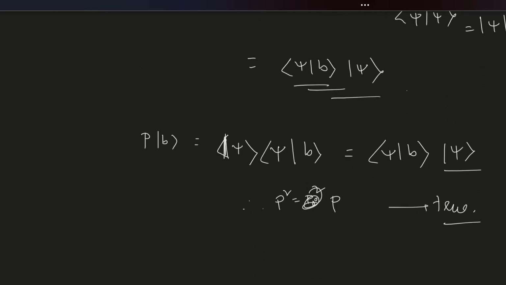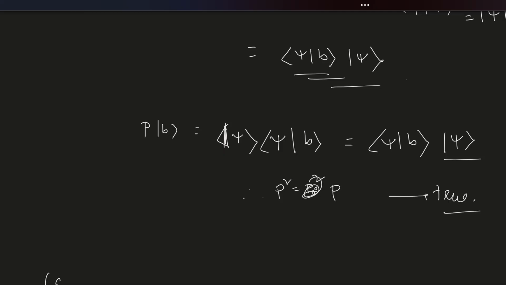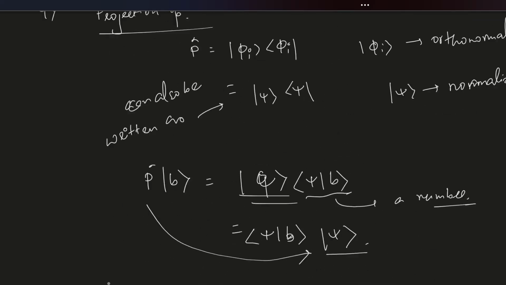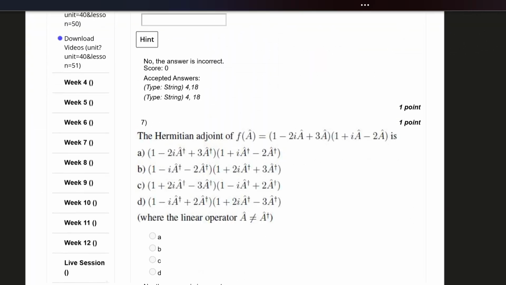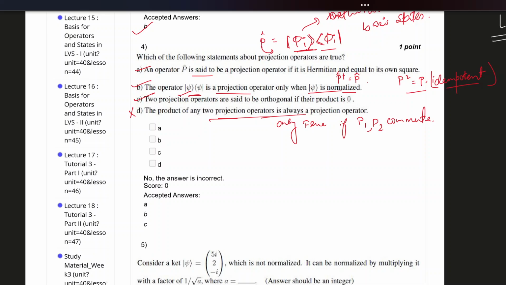So option A is correct, and option B we have already found out to be correct. Now what about option C, that the product of two projection operators is 0 if they are orthogonal?